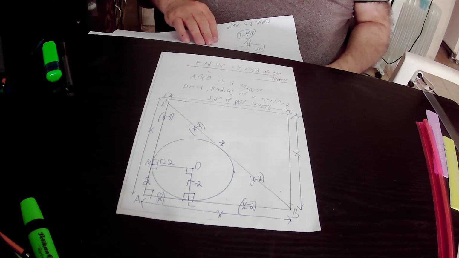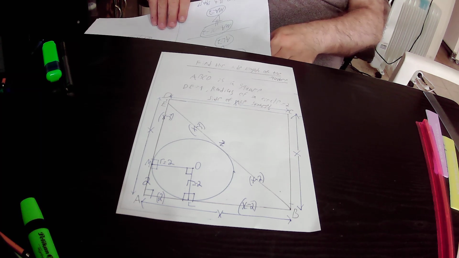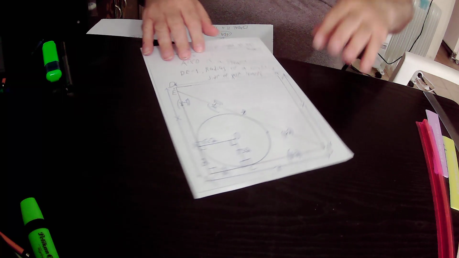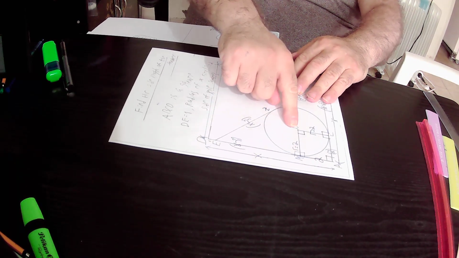And then I present to you rule number 1 that I've already mentioned in the past. A tangent to a circle is perpendicular to the radius drawn to its point of tangency. So here we have the radius OM of this circle.